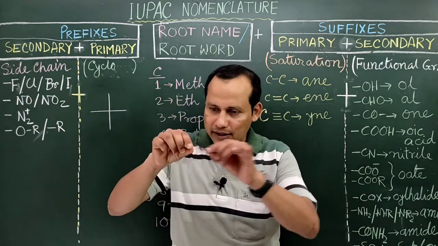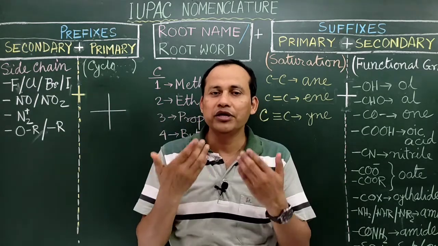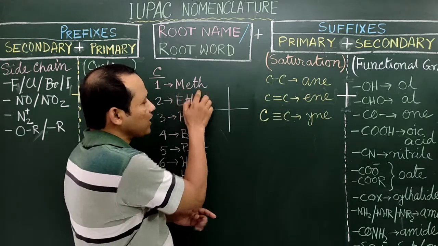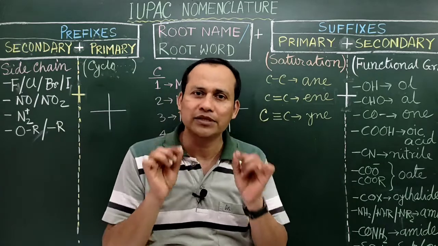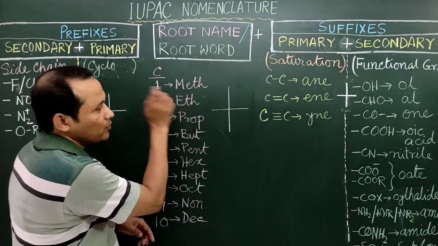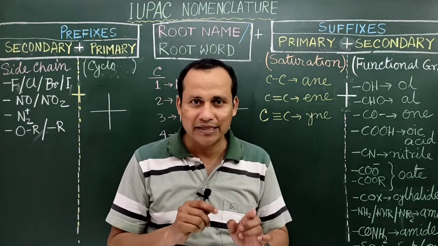So if in the longest carbon chain one carbon is there, the compound will essentially have the term meth in its name. If similarly two carbon atoms are there, then essentially the term eth will be there.